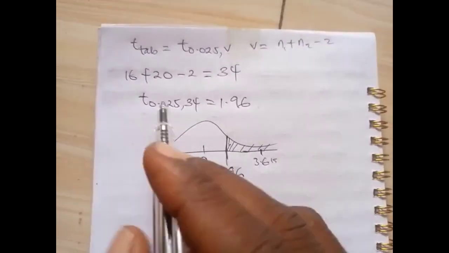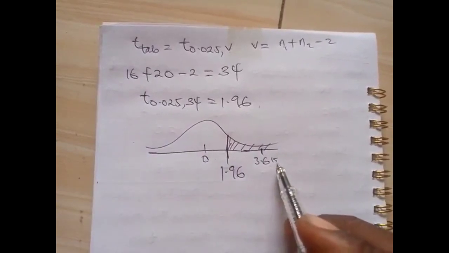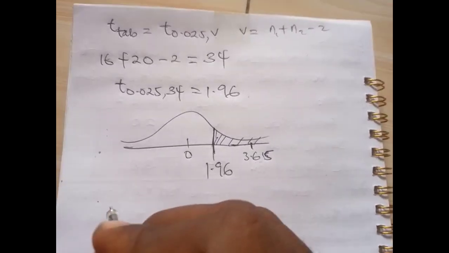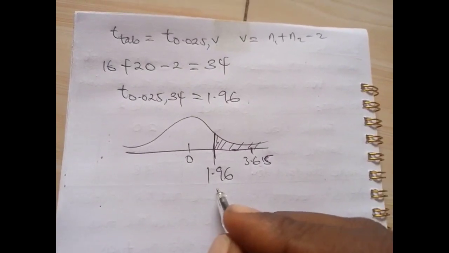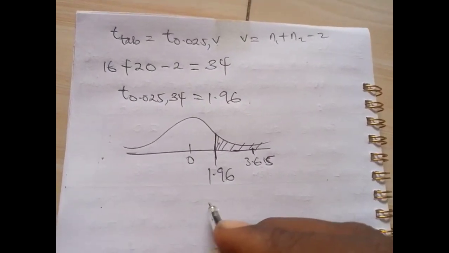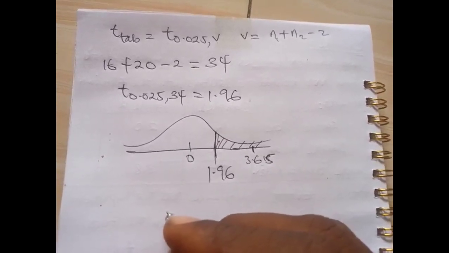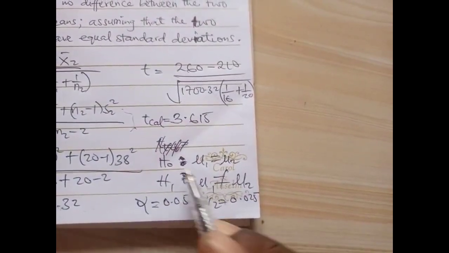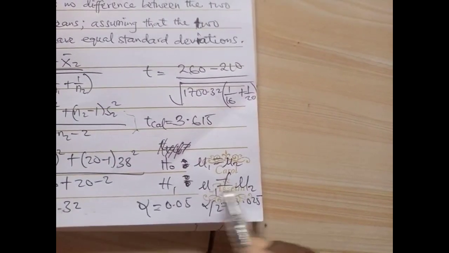So since our calculated value 3.615 is greater than the tabulated value, we reject H0 and accept H1 and conclude that both means are not equal, because that's what H1 says. So we conclude that the two means are not the same.